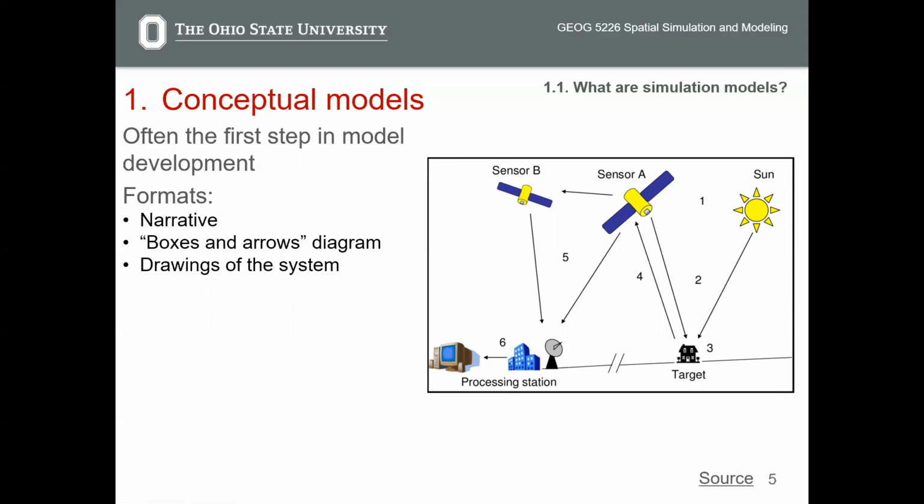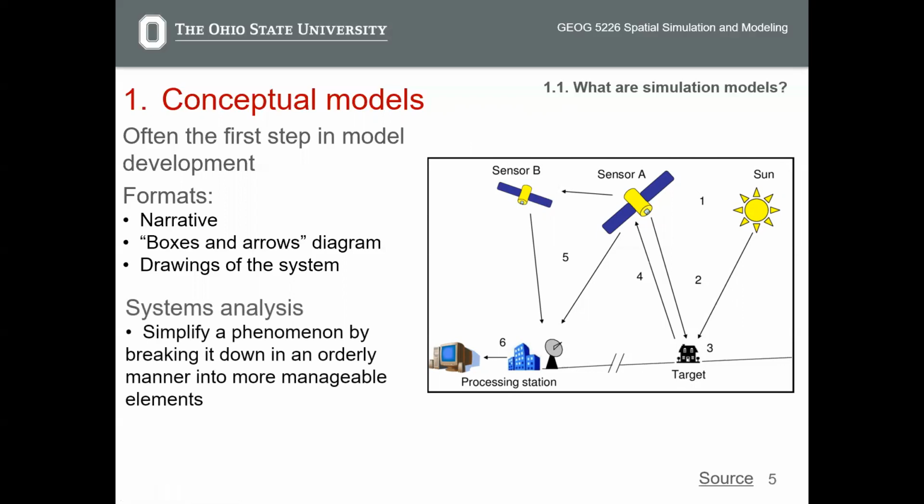Since this is not a remote sensing class, I'm not going to go into details of this figure, but you should know this drawing itself can be considered as a diagram. It can be used to address the very general process of a remote sensing system. So the picture itself is a conceptual model.